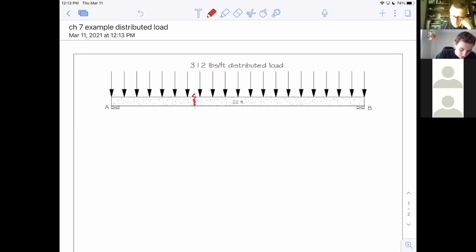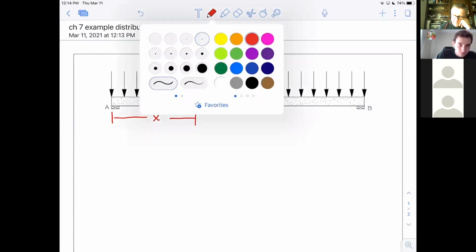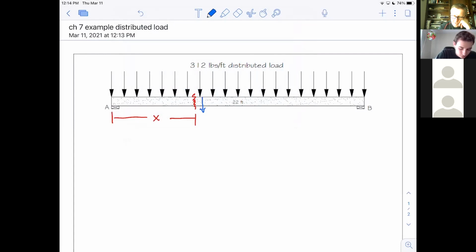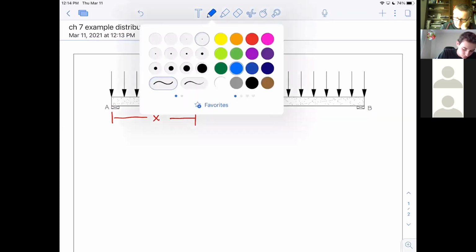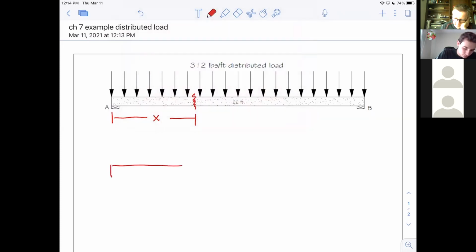say right here. And let's call that distance X where we chopped it. And let's have a blue shear. So to the right side of this, actually, I think I should probably redraw this. Red. So we're going to go out here. We're going to chop this beam right there.